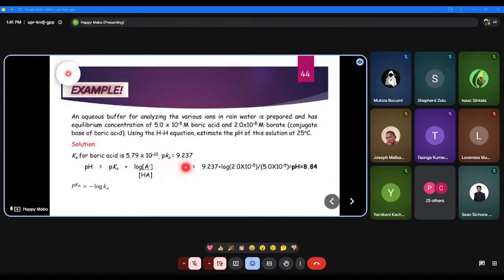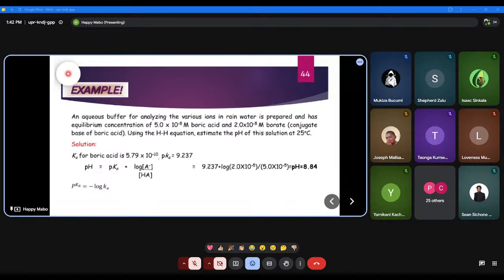When we get this value, we put it into this equation, and we get the concentration of the conjugate base divided by the concentration of the acid, and we compute these numbers. We will find that this solution has an estimated pH of 8.84.